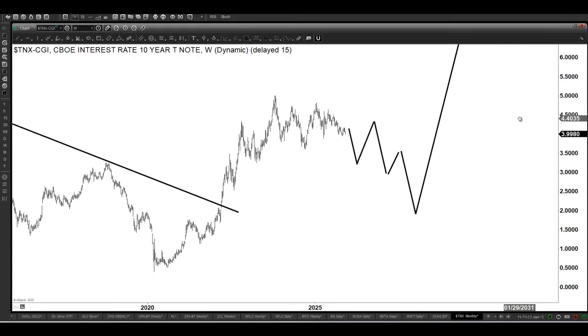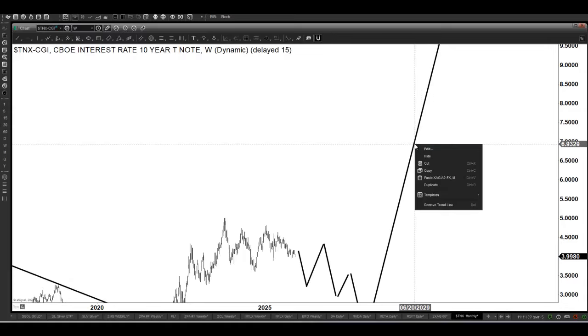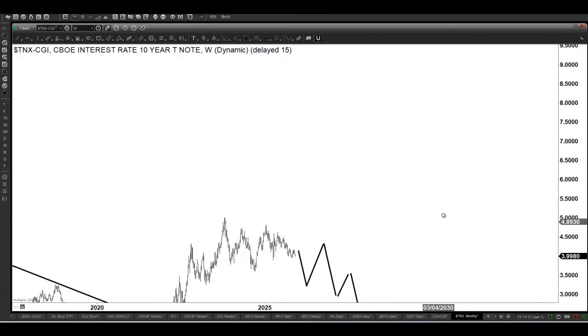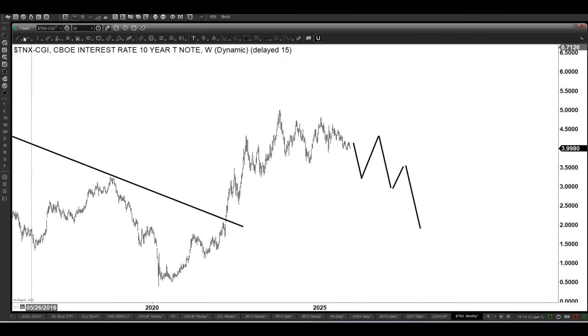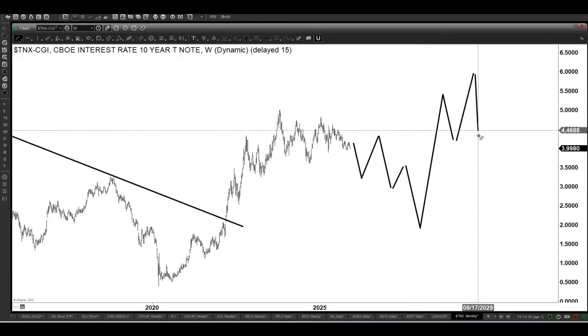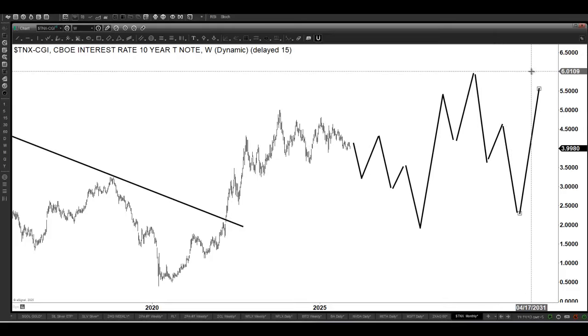Or it's going to do this. In other words, it's going to remain contracted for a period of time before an acceleration higher. But this is a warning.